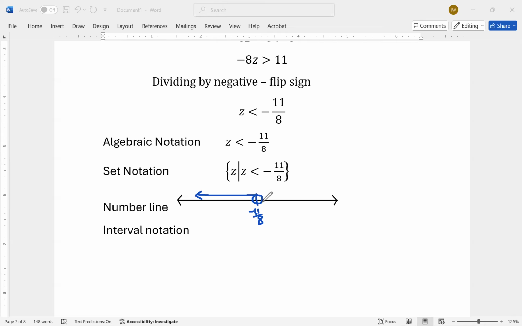So open circle around negative 11 over 8, and then arrow to the left. Interval notation, therefore, would go from negative infinity up to negative 11 over 8, and we'd have parentheses on both sides.